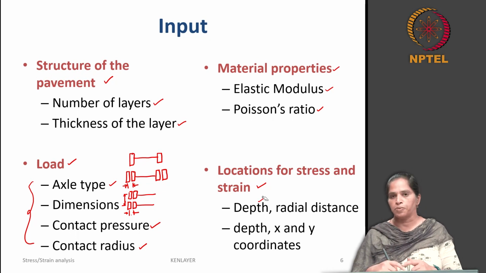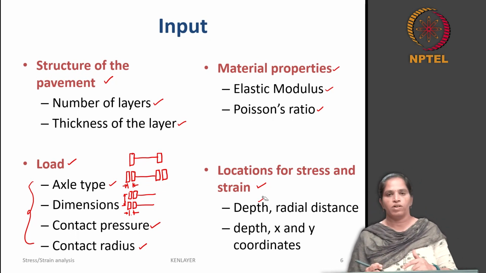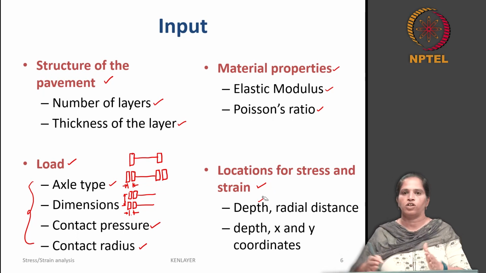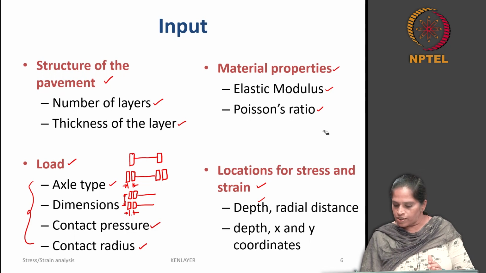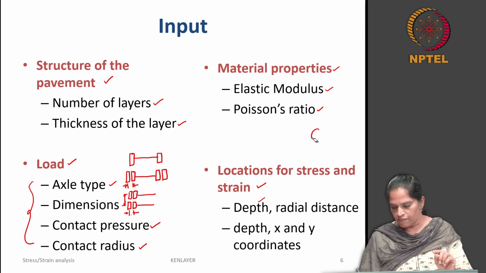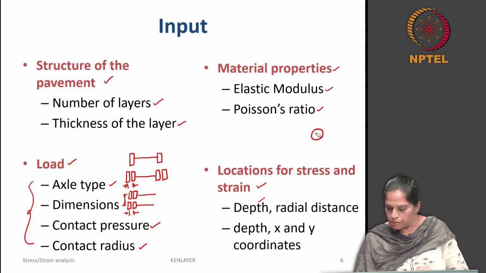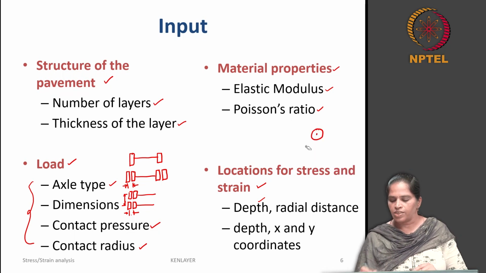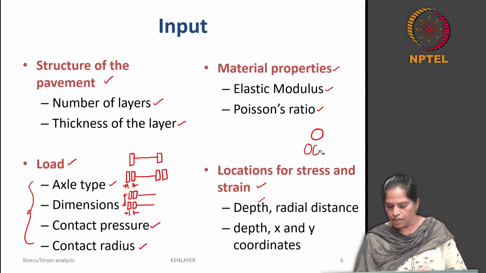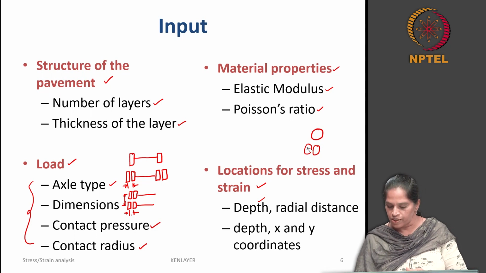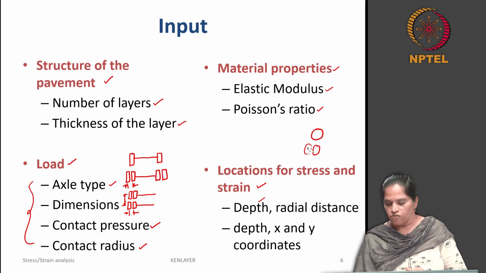And if you are putting it in terms of a radial distance, what is the radial distance from the center of loading? Generally, if it is single axle single wheel, the plan looks like this. We assume it to be circular. The center point of the loading is considered as the 0 point. If you have a single axle dual wheel, so you have 2 wheels, the center is defined from the center of one loading.